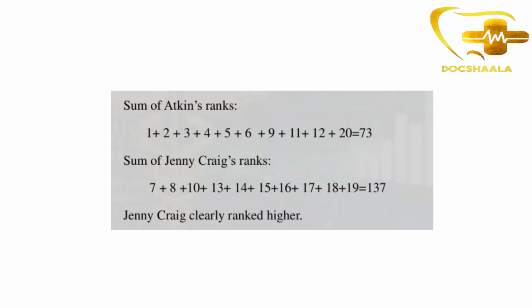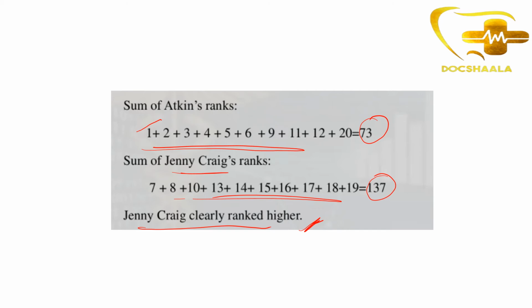After assigning the ranks, we'll sum the ranks. We'll not sum the weights, we'll sum the ranks. For Atkins, we have got 73. For Jenny Craig, we got 137. So from this we can see that Jenny Craig is ranked clearly higher, right?